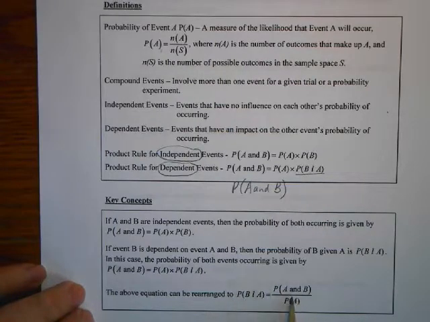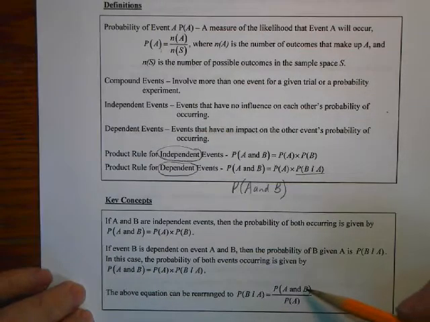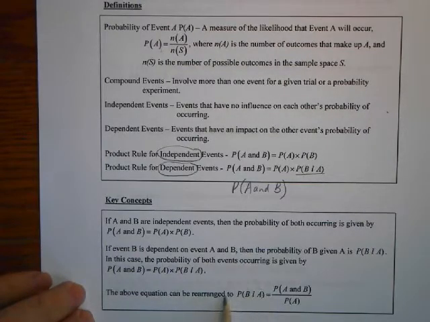To get that, I take the probability of A and B happening and divide it by the probability of A. Sometimes you might be asked to calculate that based on knowing these two already. Okay, so let's look at some examples.